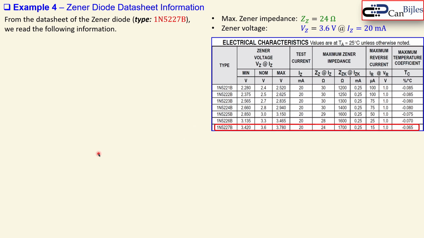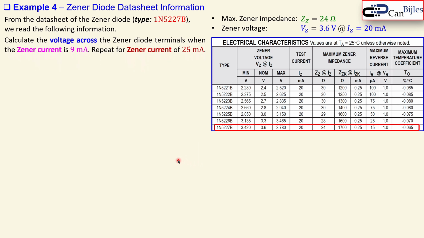What you also see, by the way, is if I go down with my Zener current, up to the IZK, which is the minimum, and lower, you can see the Zener impedance going from 24 all the way to 1000, so 1.7 kilo ohms. So it increases drastically. We need to be careful and stay in that safe region of the Zener current.